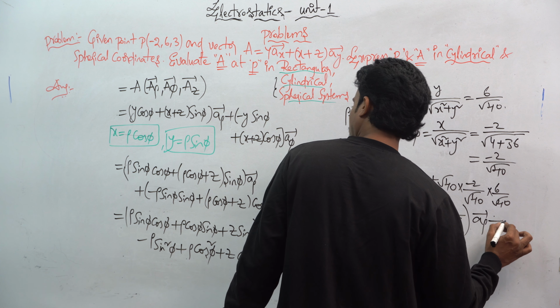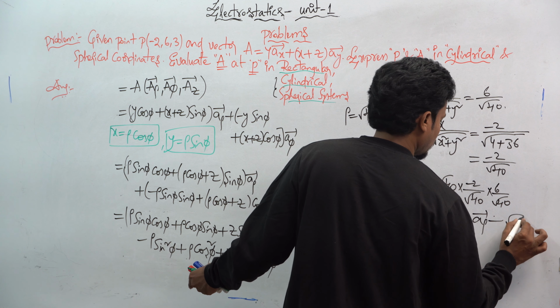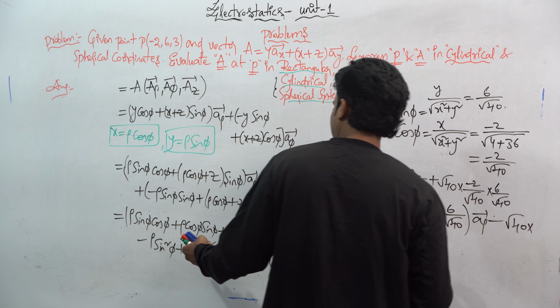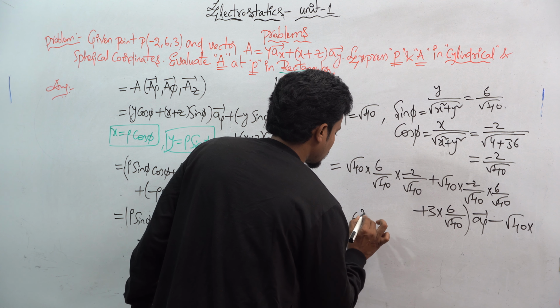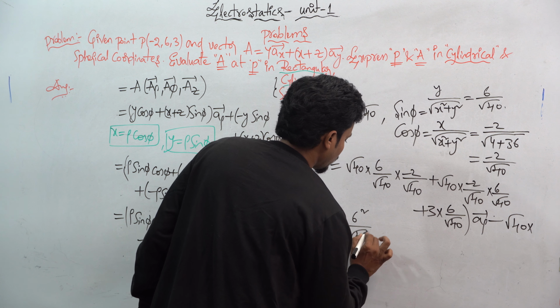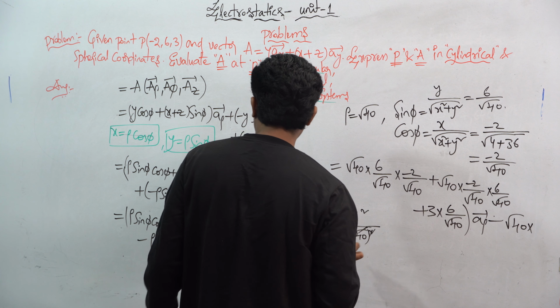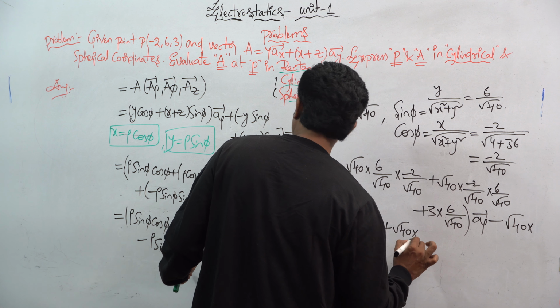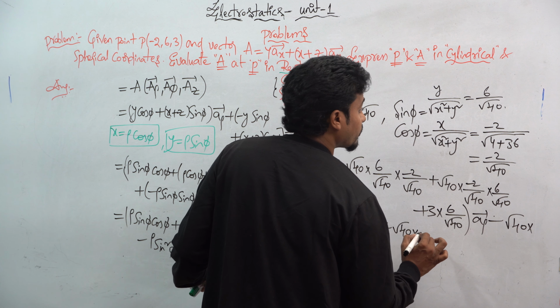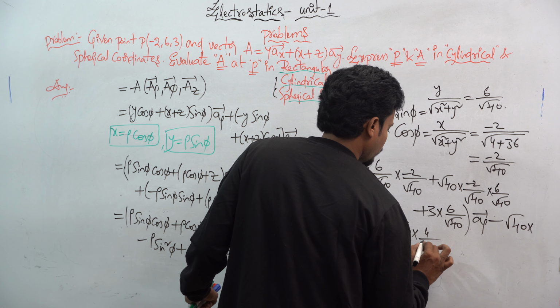Minus ρ, which is root 40, into sin²φ, which is 6 squared divided by root 40 whole squared. Here the square root will get cancelled, 36 divided by 40, plus ρ, root 40, into cos²φ, which is 4 divided by 40.